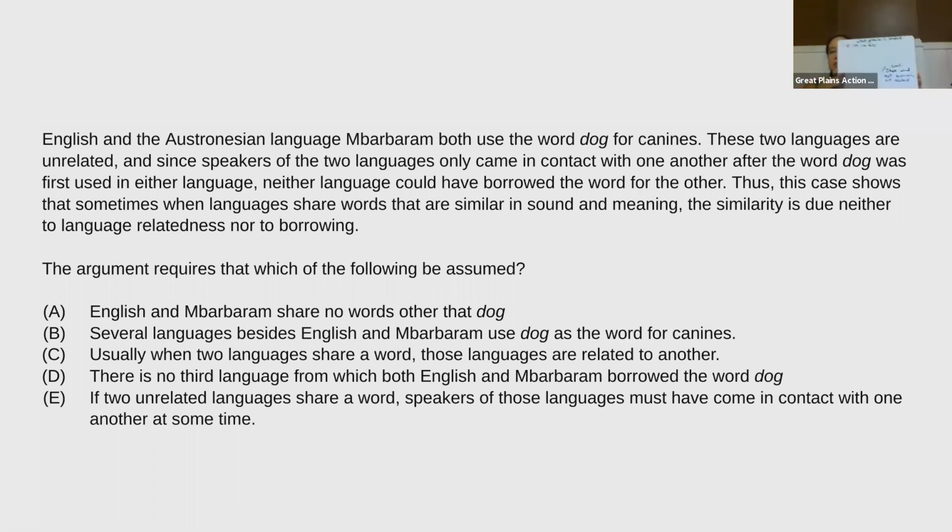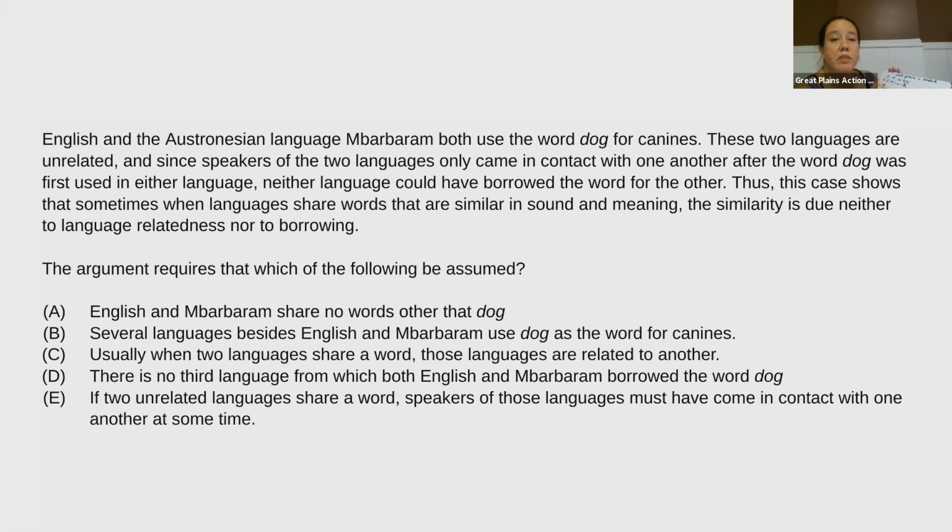So this isn't full-on notation. We're just kind of getting the rough form. All right. These two languages are unrelated. So E and M are not R. All right.